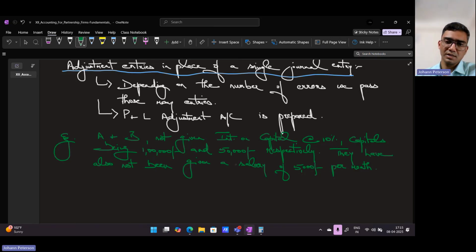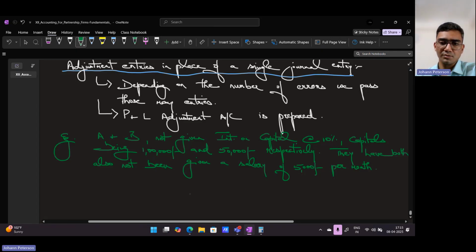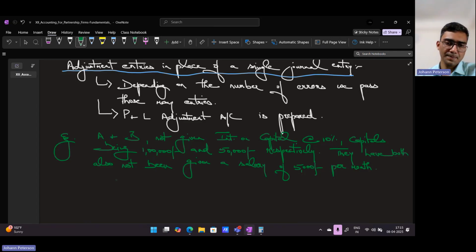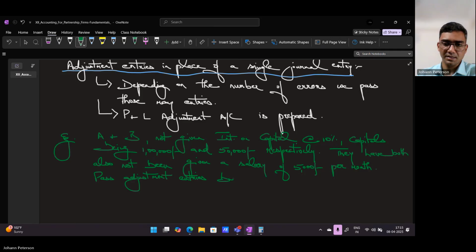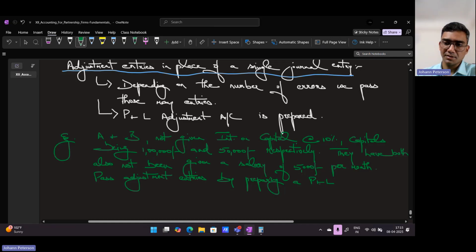So I can write they have both, in fact, also not been given a salary of 5,000 per month. Question says, pass adjustment entries by preparing a P&L adjustment account.